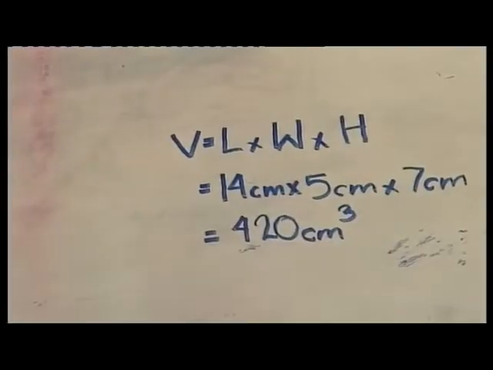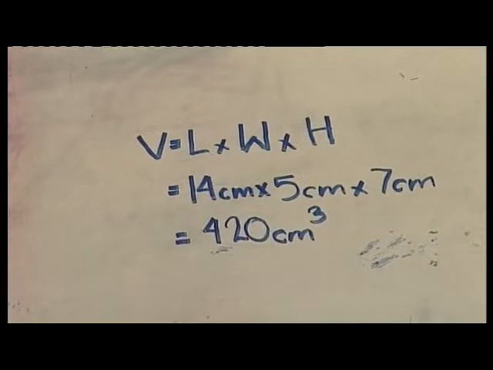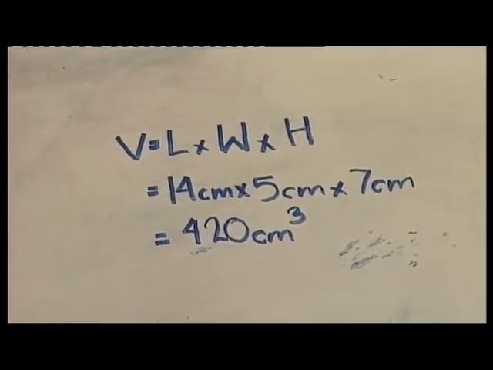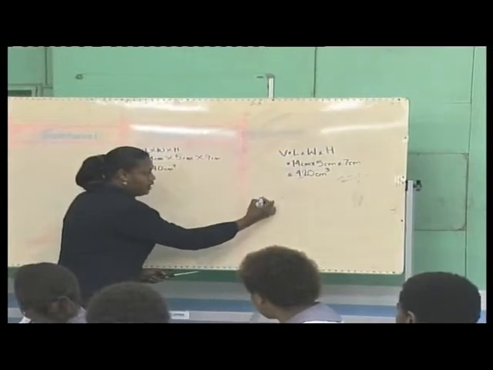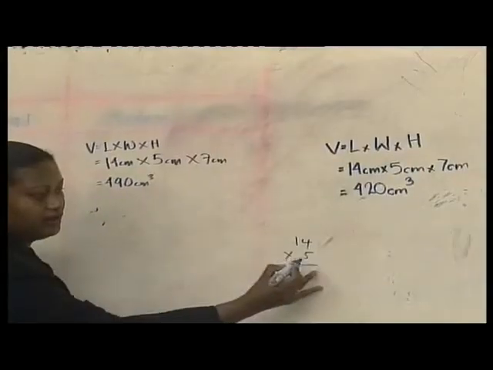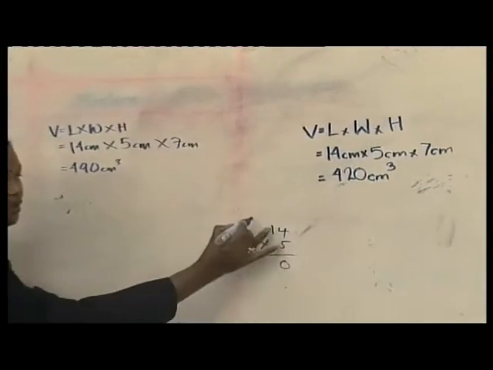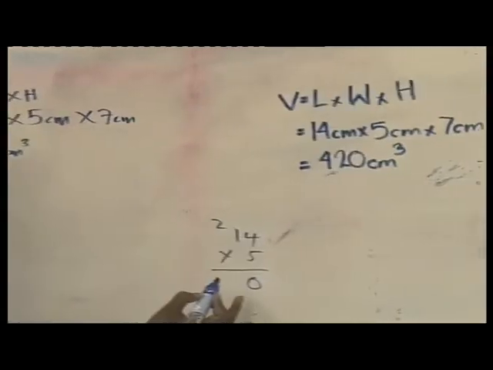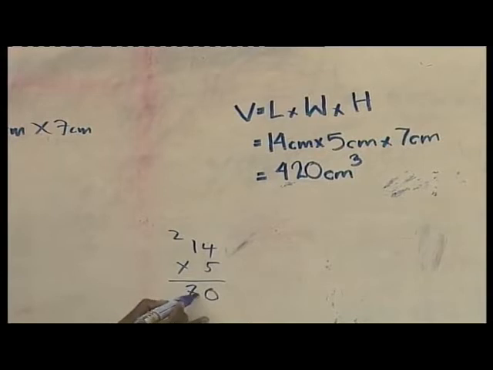All right, let's see the working out. She has 420 cubic centimeters. We'll just do 14 times 5. 5 times 4 is equal to 20. Put down 0, carry 2. 5 times 1 is 5, plus 2 is 7.